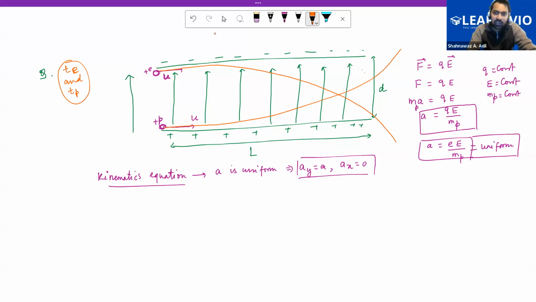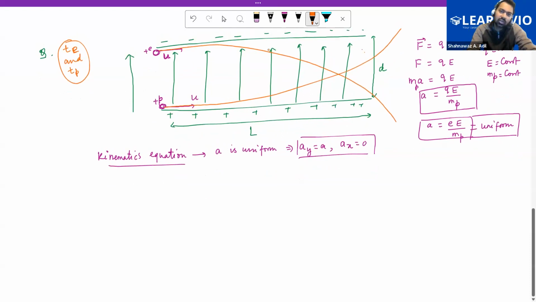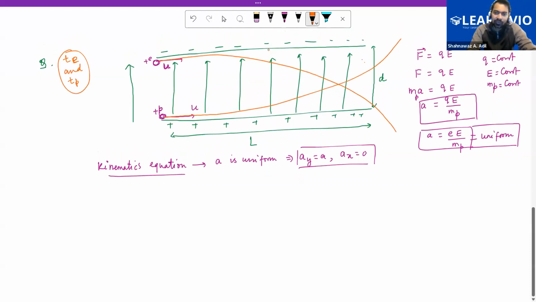We know that this is moving in one dimension or two dimension? Two dimension, right? So it will have X component and Y component.